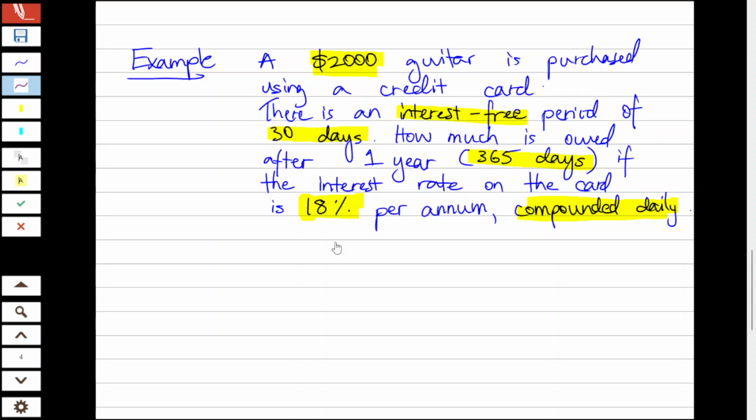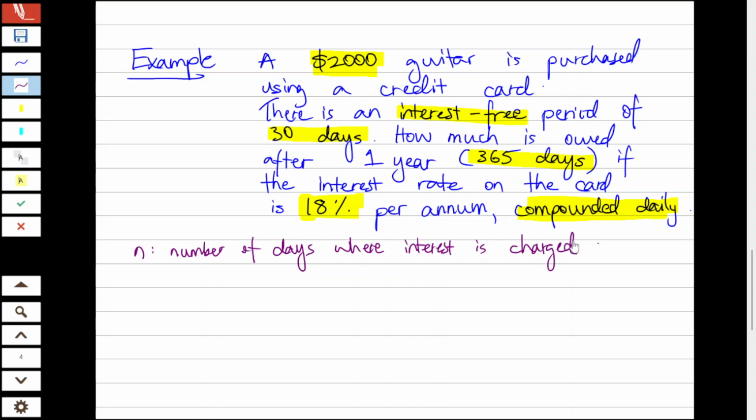First, we need to figure out how many days we are paying interest for. So I'm going to say n is the number of days where interest is charged. And I hope you're seeing that n is not 365 because we have 30 days interest free.